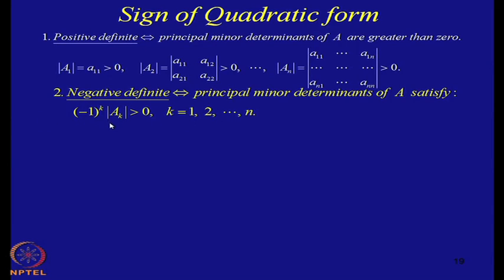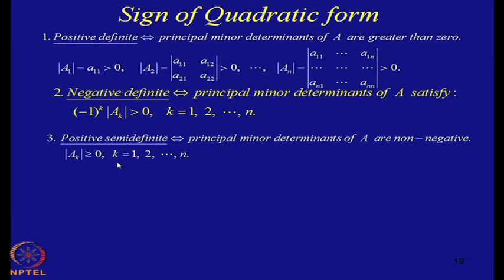The first principal minor will give a negative value, the second a positive value, the third negative, the fourth positive. In that way we get the alternating sign. And similarly for positive semi-definiteness, the principal minors are all non-negative. That is why some principal minor may have the value 0 as well.